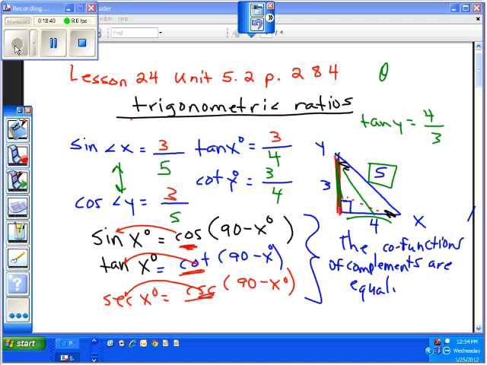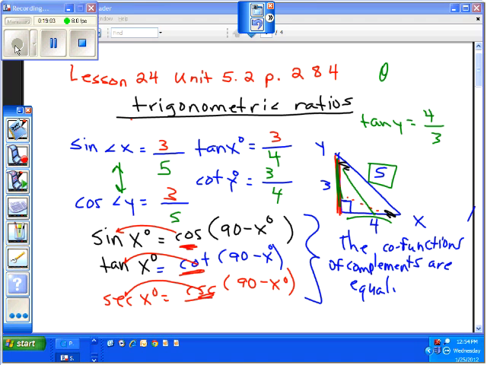Okay? So we talked about the three trigonometric ratios, sine, cosine, tangent. We talked about reciprocal functions, cosecant, secant, cotangent. And now we've talked about cofunctions and their complements.